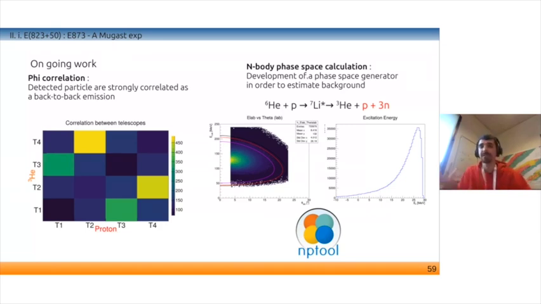So here I have the 3 examples for our reaction, where here you have the evaluated phase space for the emission in hydrogen 4 for proton plus 3 neutrons, deuteron plus 2 neutrons, but also triton plus neutron.